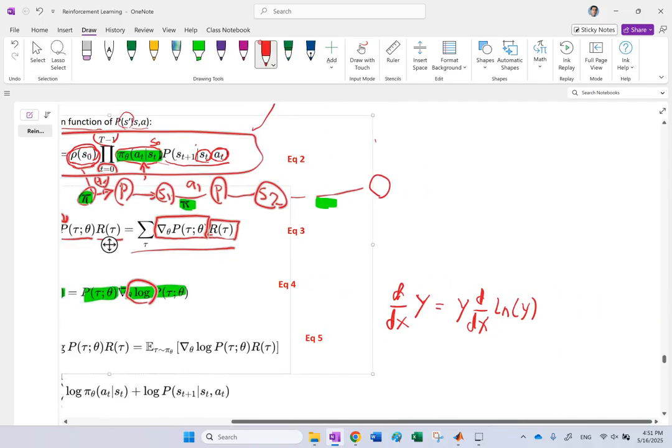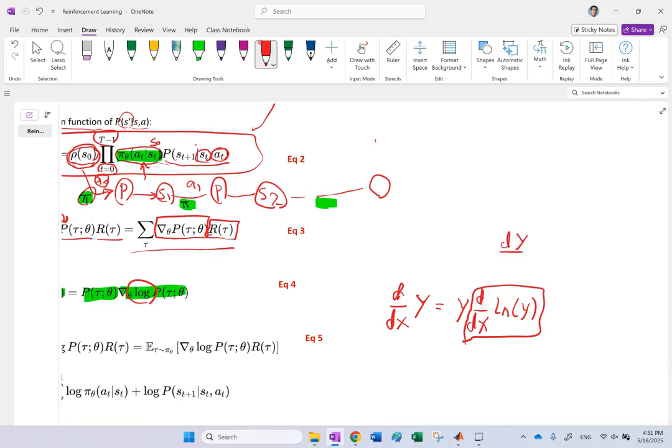So what's the x derivative of natural log of y? This is going to be dy over dx over y itself, right? And guess what? Now you can cancel this y and this y, and these two are the same. So you can write it that way.